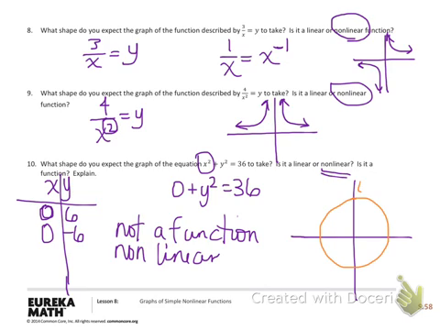So this is the point 0, 6, and this is the point 0, negative 6. And then, of course, I've got 6, 0 and negative 6, 0. Okay, so x squared plus y squared equals 36 is actually the graph of a circle. But it's not a function, and it is nonlinear.